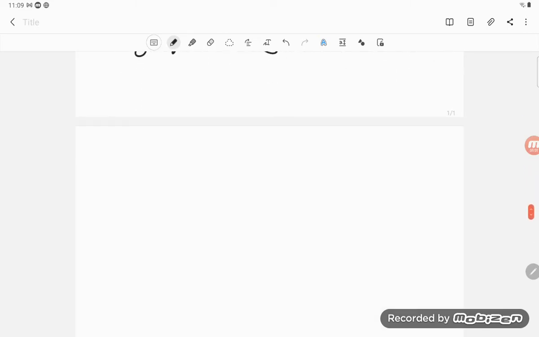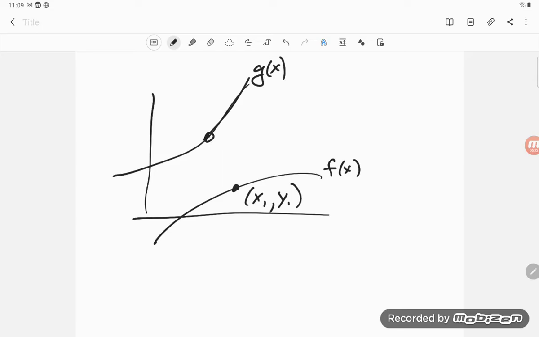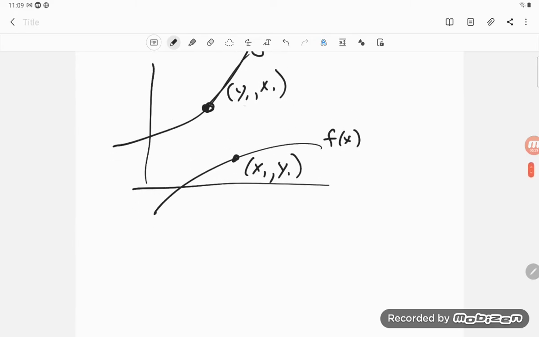So what that looks like, if I draw these things: here's f of x, here's g of x. Then if this is (x1, y1), I should be able to go over here and find the point (y1, x1). Because of that geometry, we can see some things.